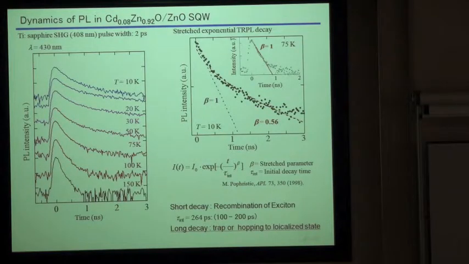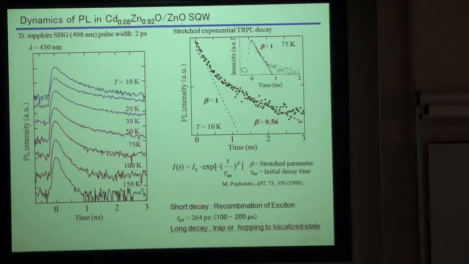Okay, at first we confirmed the luminescence nature in the case of these cadmium zinc oxide. This is without the silver topmost layers, but there are two different decay mechanisms. Here is the temperature and time dependence of the decay curves.